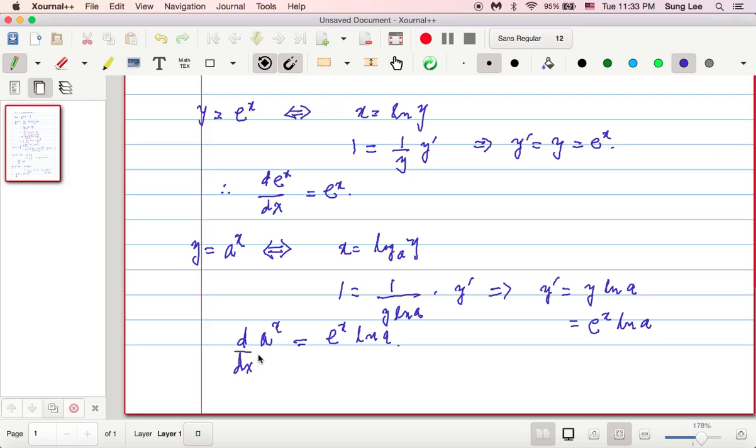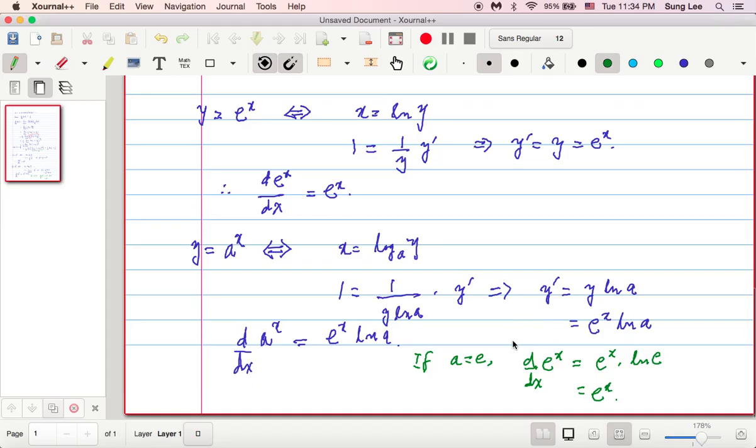And in fact, the previous formula, that the derivative of e to the x equals itself, can actually be obtained as a special case of this formula. Because if a equals e, then from this formula, d/dx of e to the x equals e to the x times ln of e, but knowing that ln of e equals 1, we get e to the x.